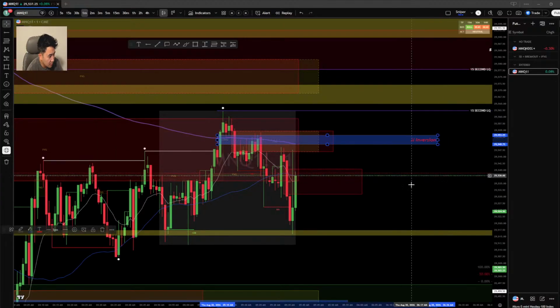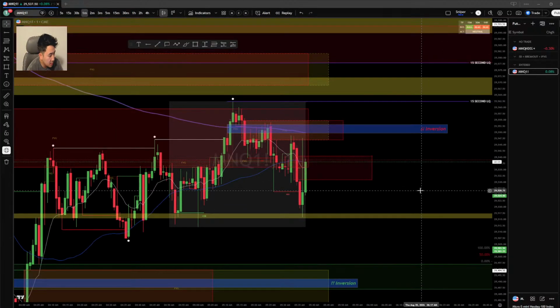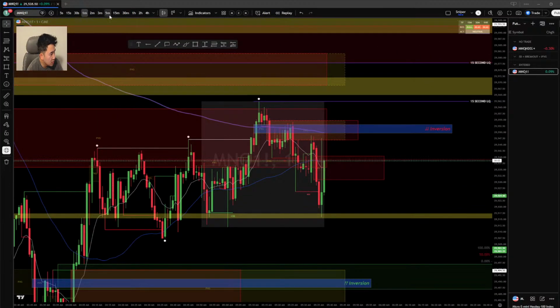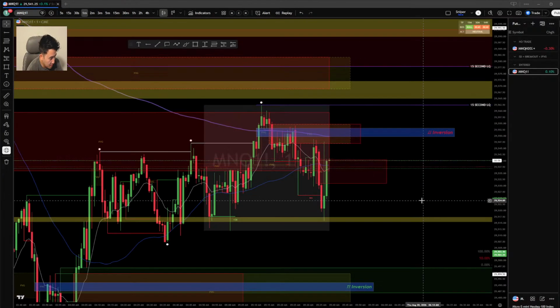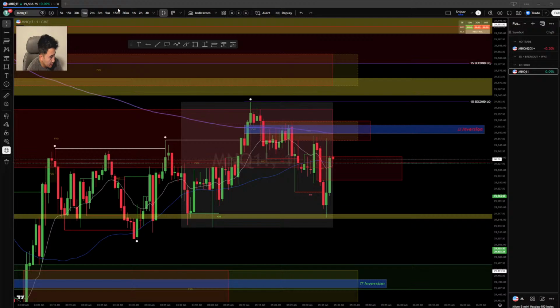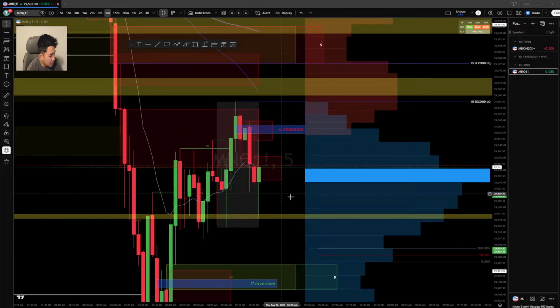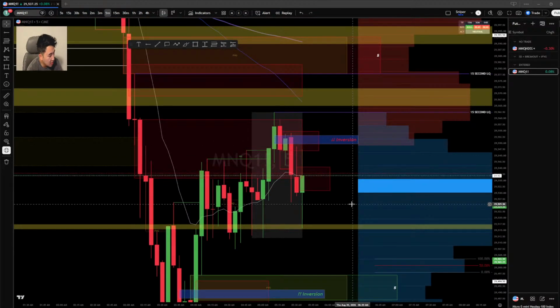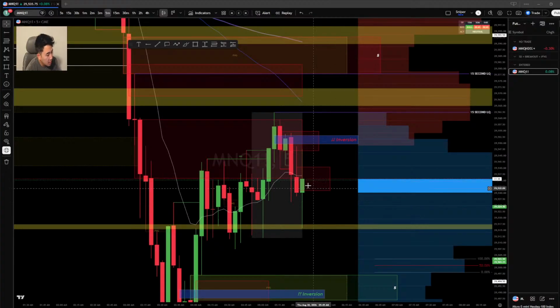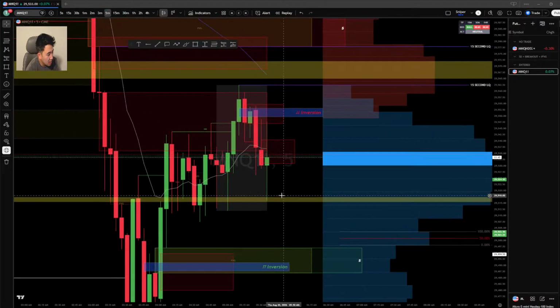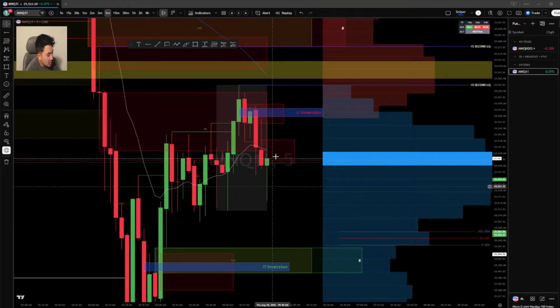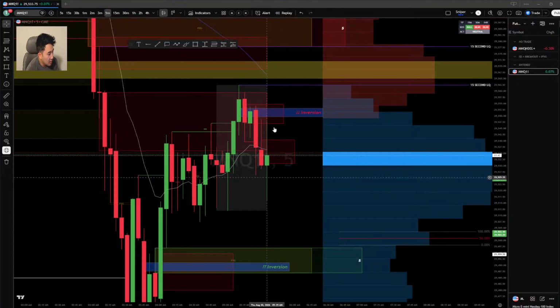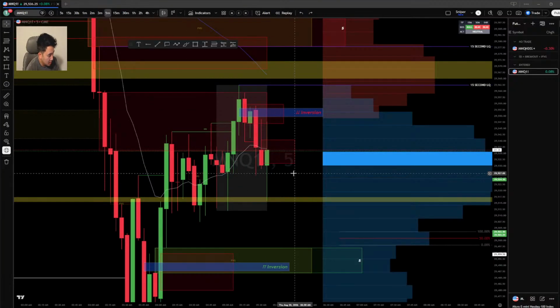I'm gonna make a video later, sometime near the end of this week, on how to draw support and resistance zones on the higher time frame. Just because with stuff like that, when you take a trade or you're short in this position here, you just never know what you're gonna get when you hit the zone. If this zone wasn't here, you'd be like, what happened there with that spike?